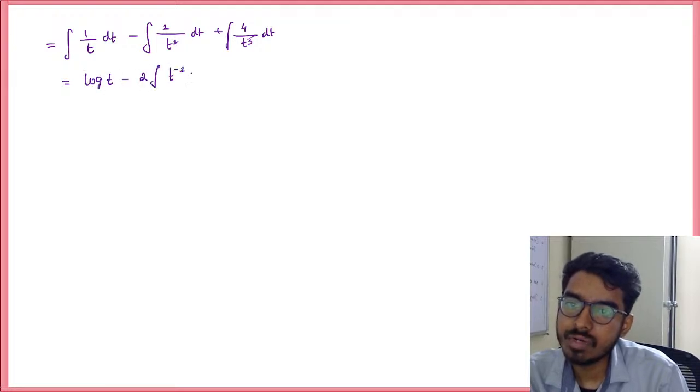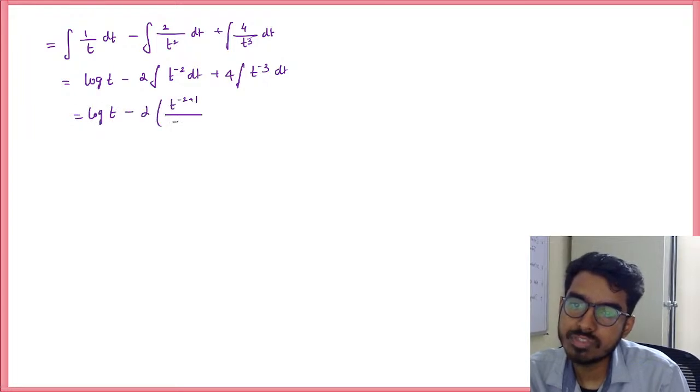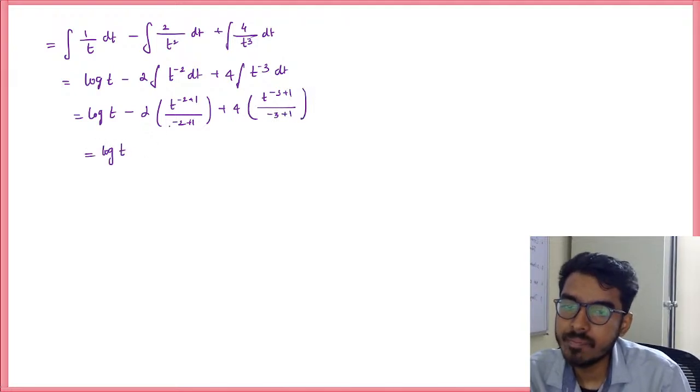Integration of t power minus 2 dt will be t power minus 2 plus 1 by minus 2 plus 1, plus 4 times t power minus 3 plus 1 by minus 3 plus 1, plus log t.